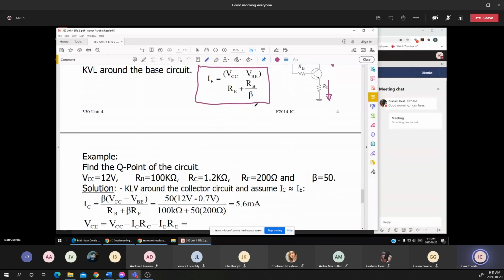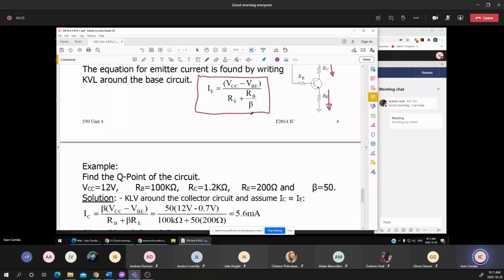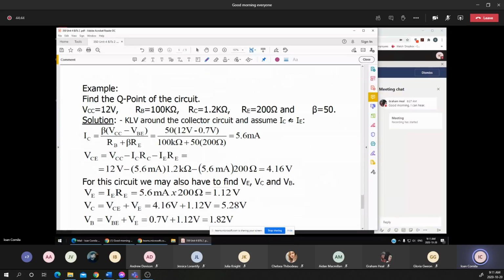The other equation is actually rearranging the equation, and if I multiply the RE with beta, I can write a single denominator as beta RE plus RB, and beta moves to the numerator of the main fraction. Means that the equation that is given, and that's much easier to use, is RB plus beta RE on the denominator and beta times VC minus the VBE on the numerator.